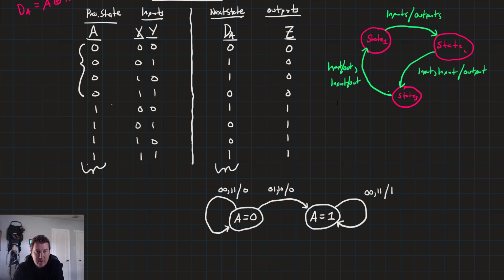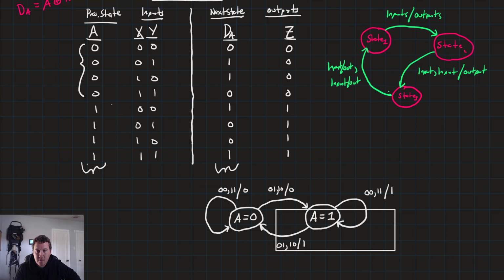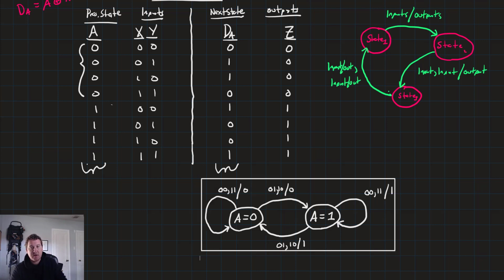And 0, 1 and 1, 0, when the present state is equal to 1, gets us a next state 0 and an output 1. So we can go ahead and label that state transition line 0, 1, comma 1, 0, slash 1. And so there we have it. There's our state diagram for this sequential logic circuit.